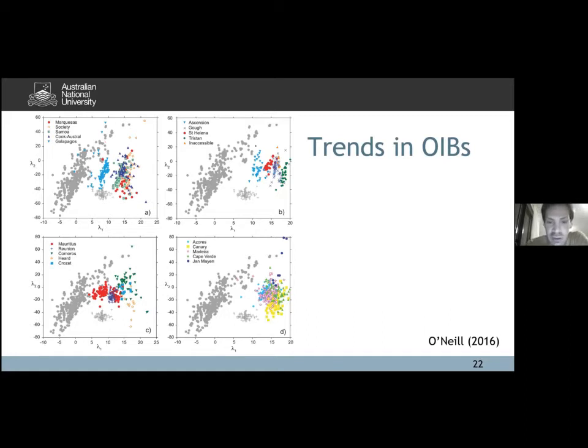And all of the OIBs plot in different areas, and they have a sub-parallel trend to MORBs. So this goes like that, they go like that, kind of. One way to explain that is, let's say, by low pressure fractionation, which is what's responsible for this in the MORBs.